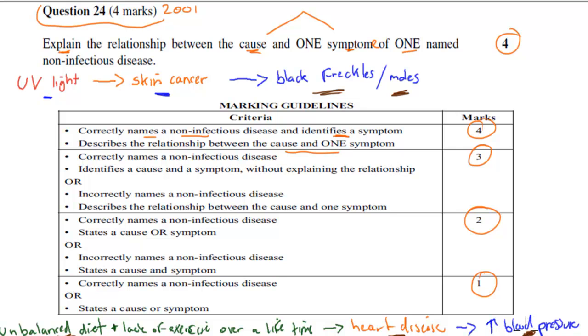If you have an unbalanced diet or lack of exercise, that means your blood cholesterol increases. And when your blood cholesterol increases, it makes your blood vessels less flexible, and thereby it increases blood pressure. So there I have linked the symptom to the cause. I'll show you how I've done it in my actual answer.